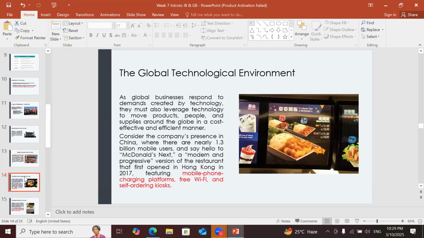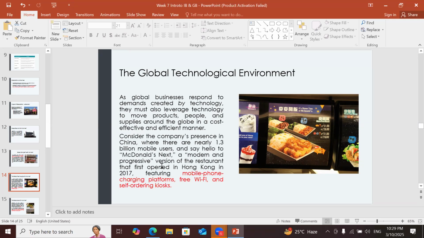Global technological environment. In this situation, globalization impacts the technology environment. When you build a business in China, there are huge facilities there. When customers come to your restaurant, they want free Wi-Fi, mobile charging, and other technical facilities.